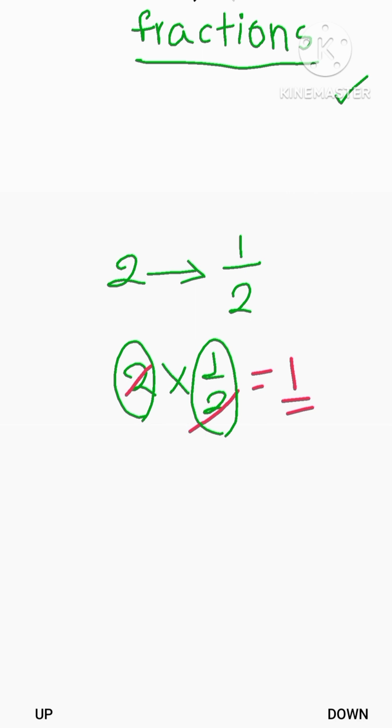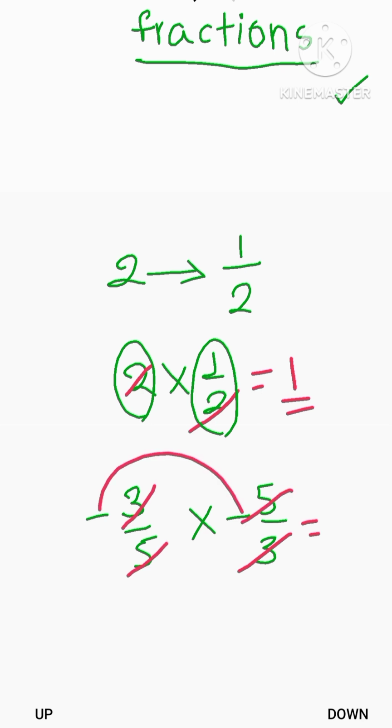Okay, for example, take another fraction, 3 by 5. So the reciprocal of minus 3 by 5 is minus 5 by 3. Okay, so when we cancel this, minus into minus is plus, that is equal to plus 1. Here the result is 1. So minus 3 by 5 and minus 5 by 3 are reciprocals of each other.